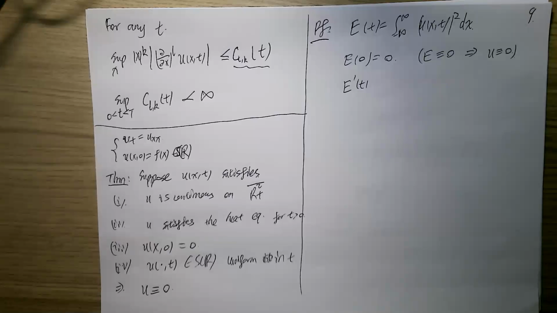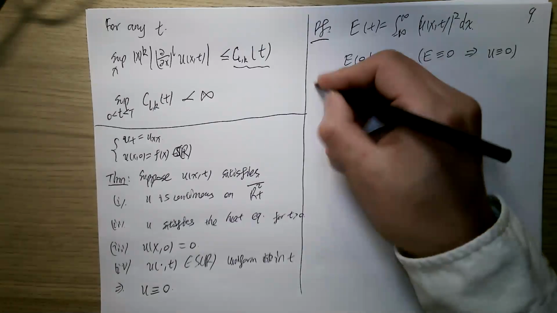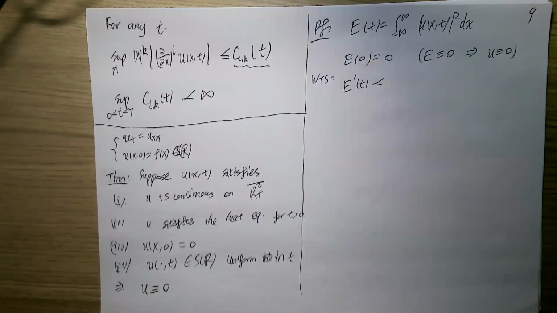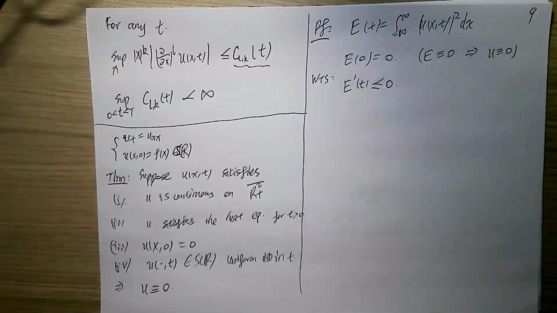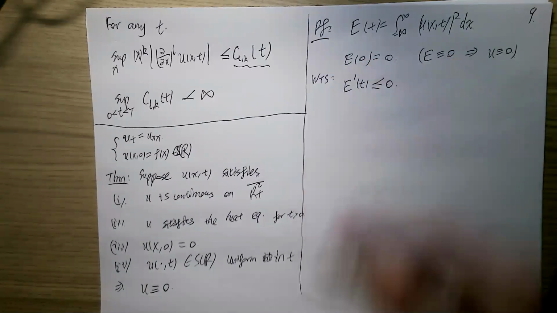But if we take the derivative, we will show that the derivative is decreasing, or at least not increasing. Then we know that if it starts from 0, it will never go to something positive. It will always stay 0. So why is that?